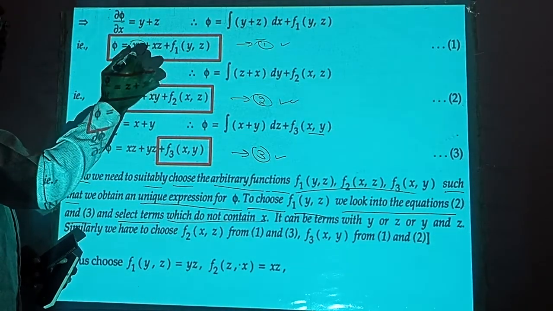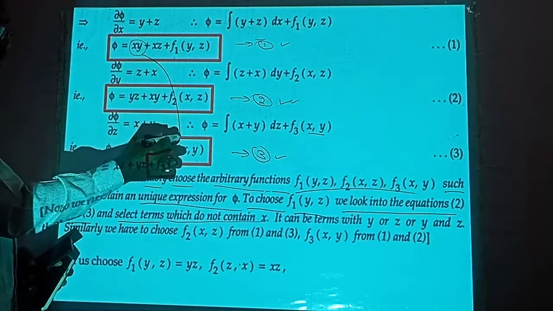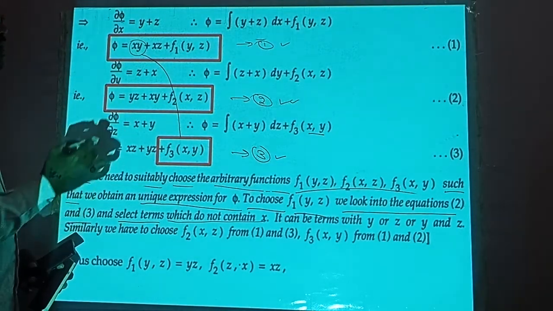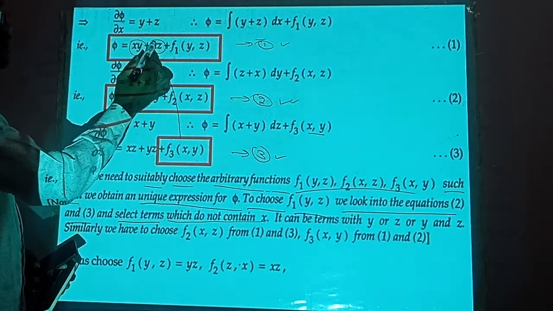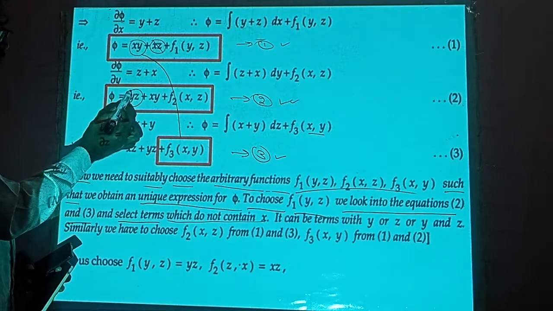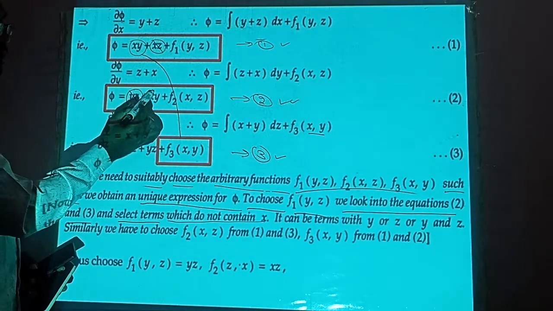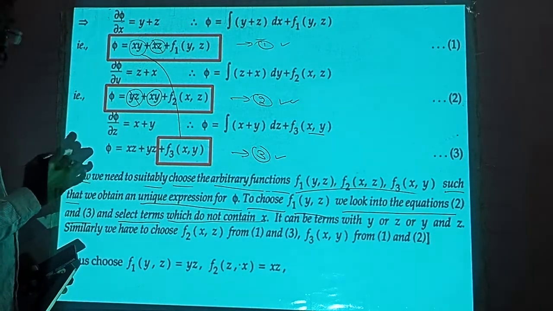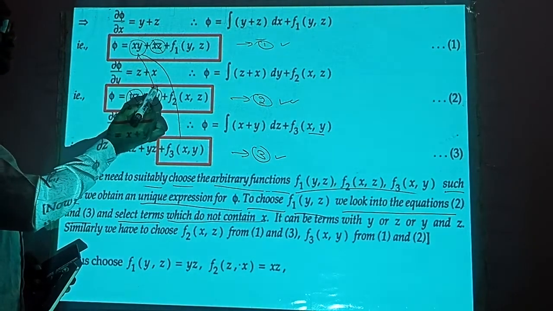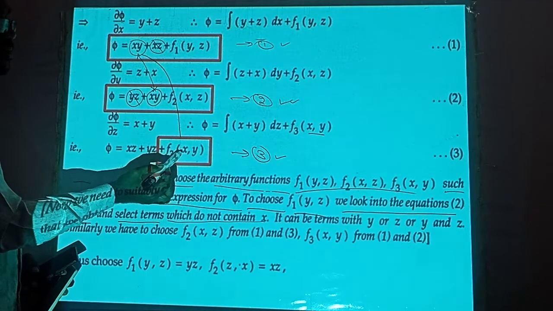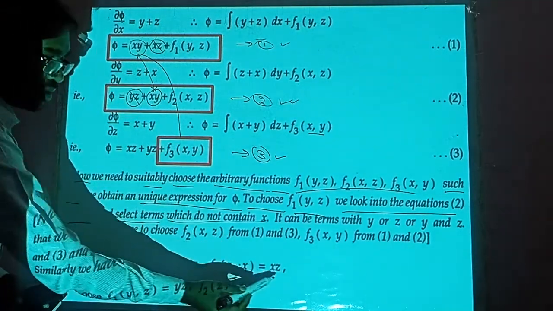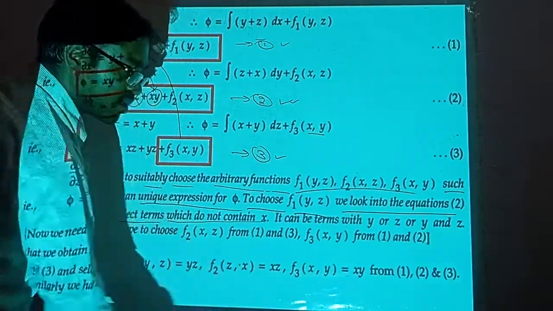So we can select this for f3. And this term contains z, so we cannot select this. This term contains z, we cannot select. This term is independent of z, but this is same as this term which is already taken. So what is our f3? f3 is just xy, so we can write f3 as xy.